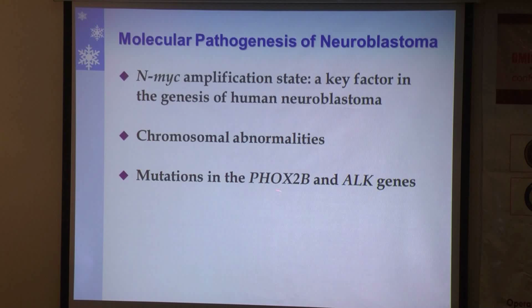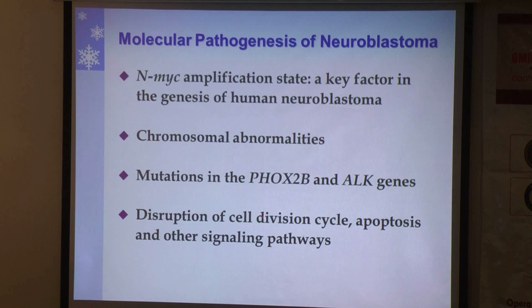There are also mutations observed in the paired-like homeobox gene and the anaplastic lymphoma kinase gene, which are known to be associated with neuronal cell development. And as usual, many cancers are associated with aberrations in cell cycle division, the apoptosis process, and other signaling pathways.